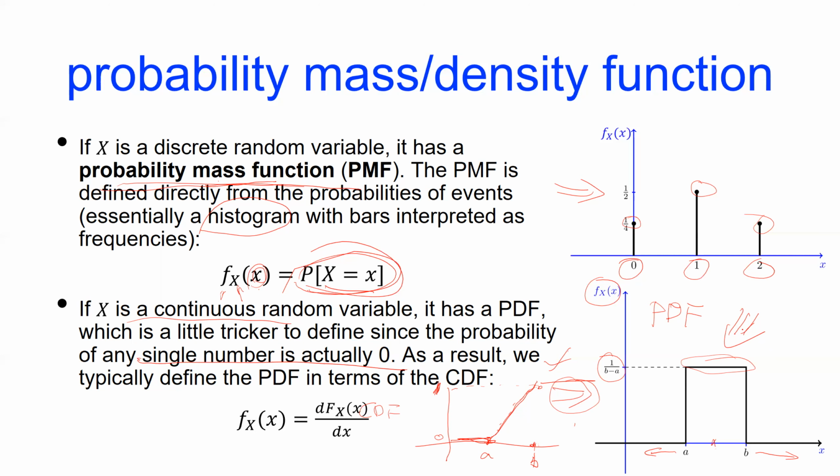Yeah. So then there's another concept I haven't talked about. There's a possible way to define your density function from the cumulative distribution function, because you can always think of your density function as a derivative of your cumulative function.